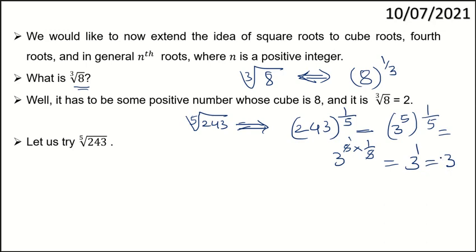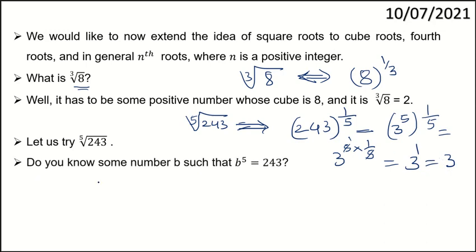Here, do you know that some number b such that b power 5 is 243, and that b is 3. The method of finding, you have also learnt in your class 8th for cube roots. For 5th roots I have explained a similar procedure.